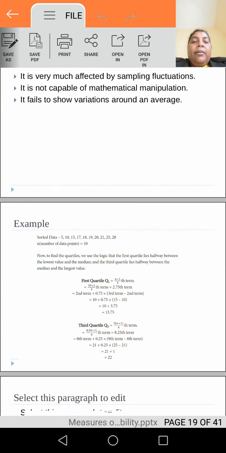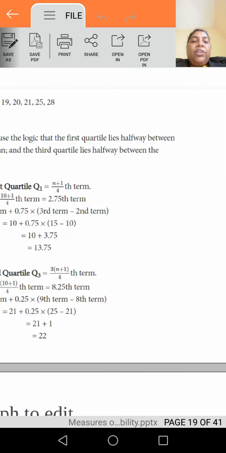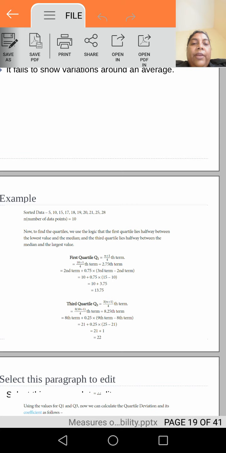So here a discrete value example is given. We need to find out first the Q1 value and Q3 value. In total we have 10 values, and we divide (n plus 1) by 4 to get the Q1 position.